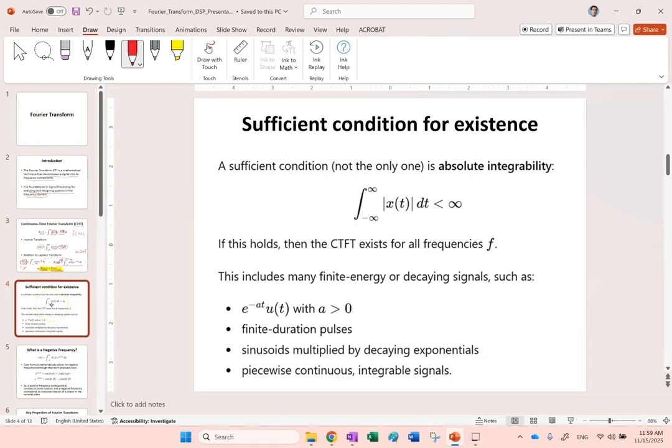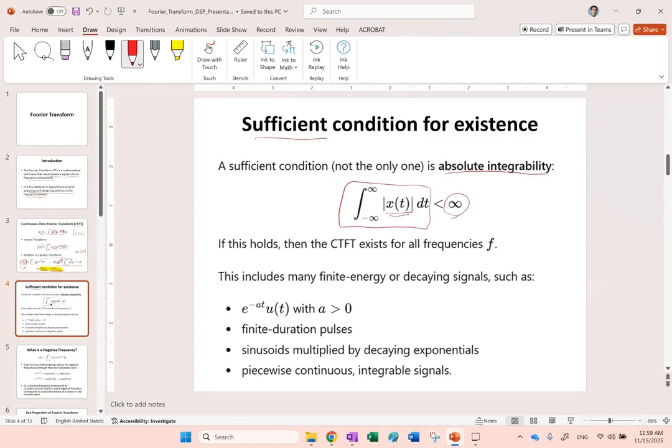Not every function will have a Fourier transform. So what is that? Well, one sufficient condition for the existence of a Fourier transform is what we call absolute integrability. What is that? It means that if you integrate the function's absolute value over all time from negative to positive infinity, this value is finite.